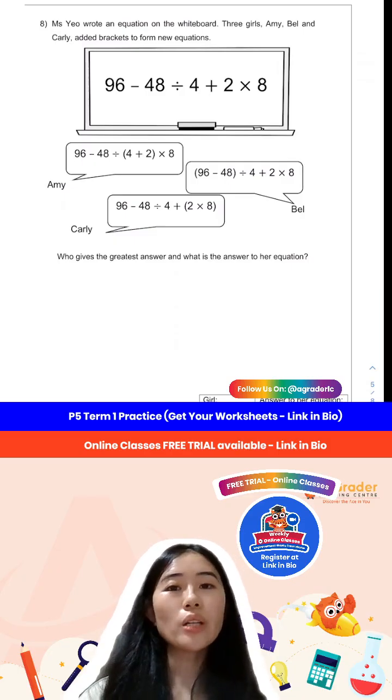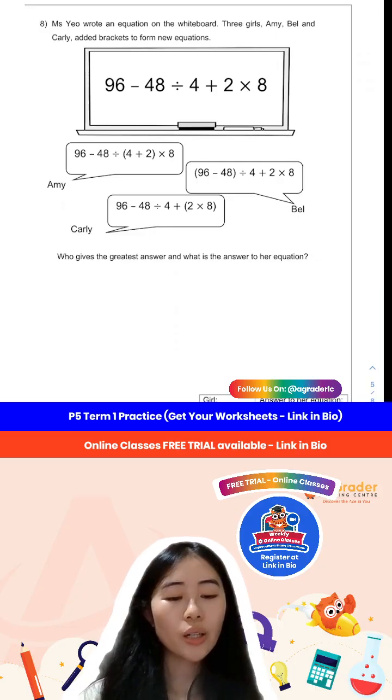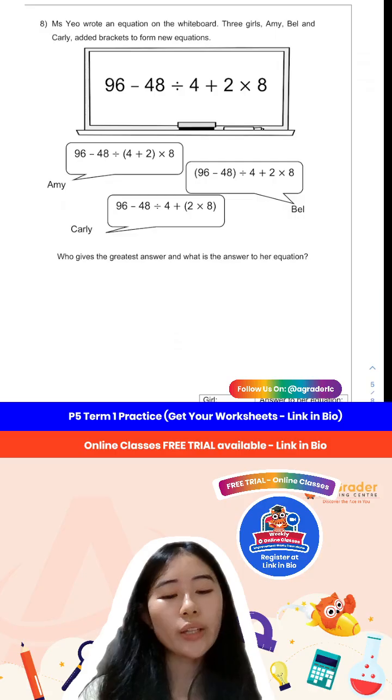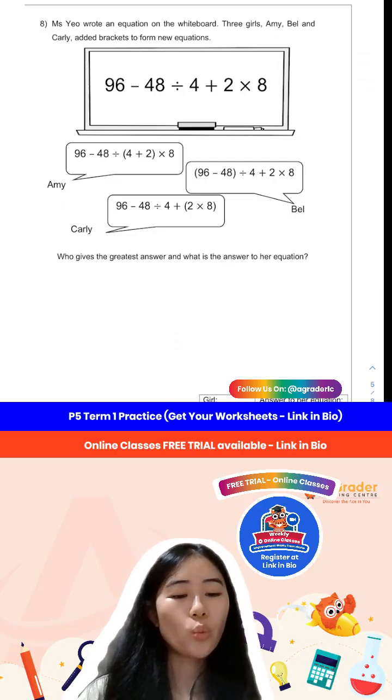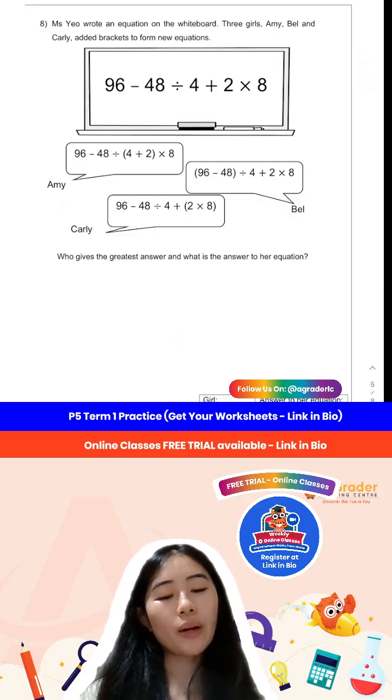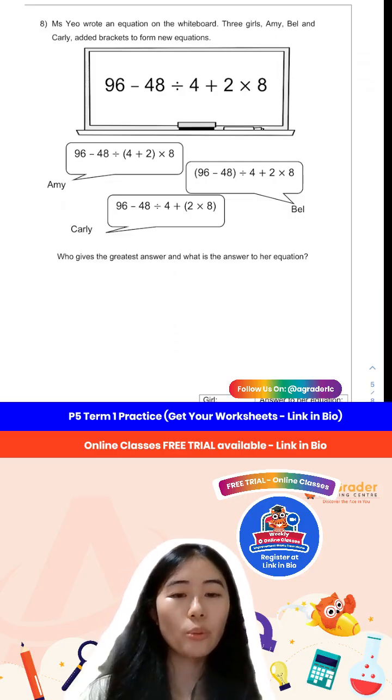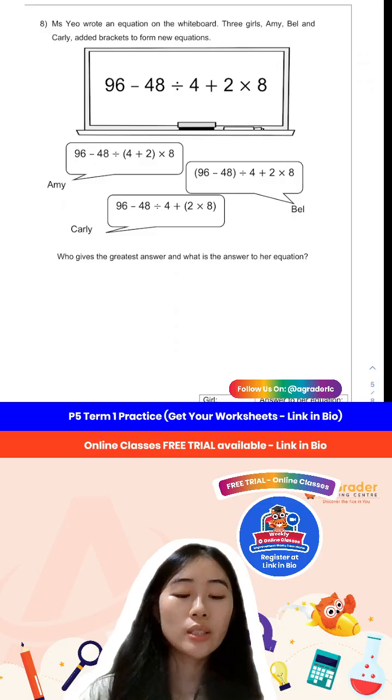Okay, so this question, yeah, you do need to do a fair bit of working for this. So Miss Yo wrote an equation on the whiteboard. Three girls, Amy, Belle, and Carly, added brackets to form new equations of their own.